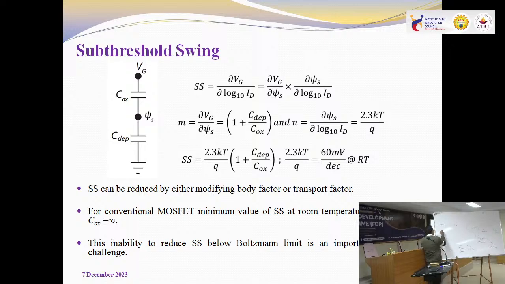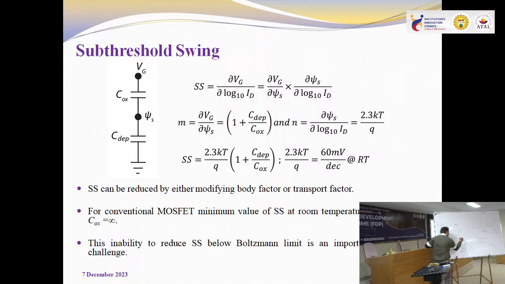Now, subthreshold slope. Slope is y by x. Subthreshold means I am going below threshold. So it is nothing but del of log ID by del of Vg. And swing is what?